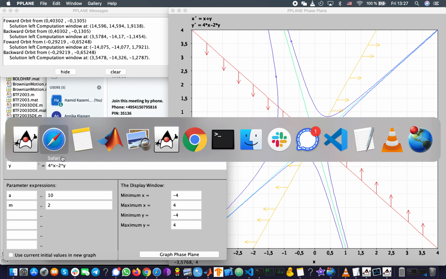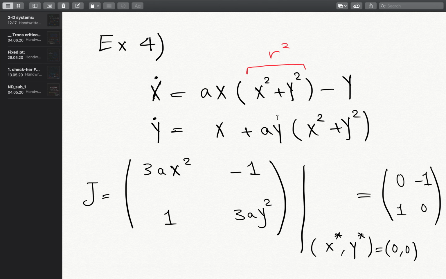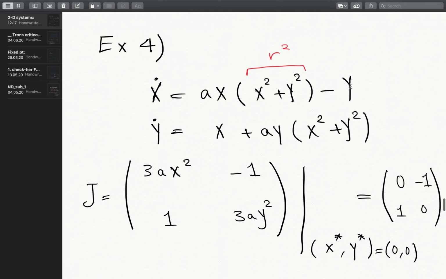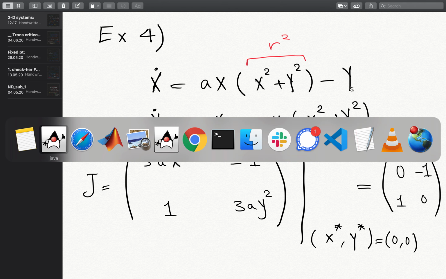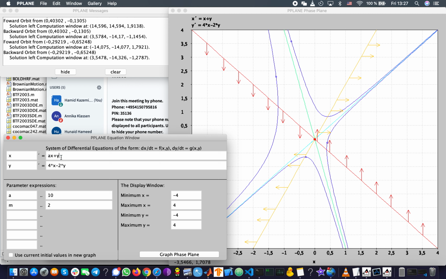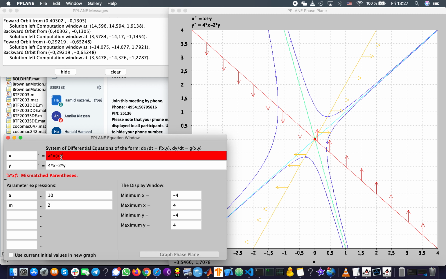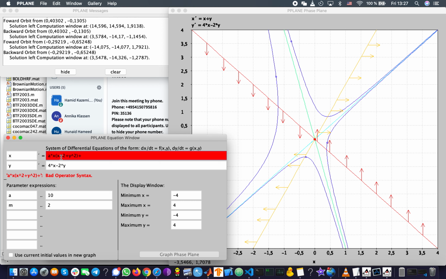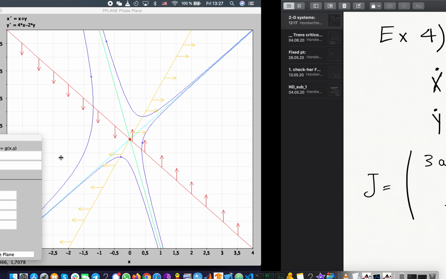I just want to say that here, for the sake of simplicity, you can also imagine it like ax minus y. It's basically the same, but we can write it as well. So I just say a times x squared plus y squared plus or minus y, right?